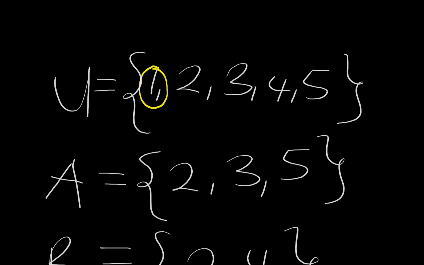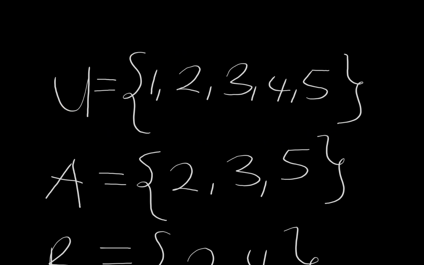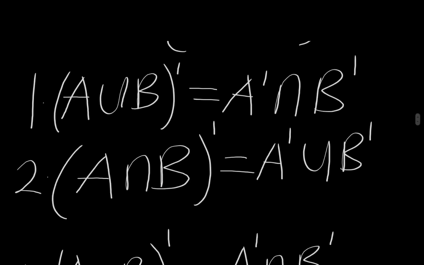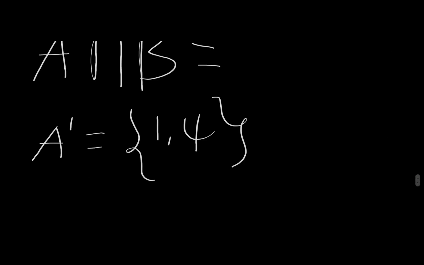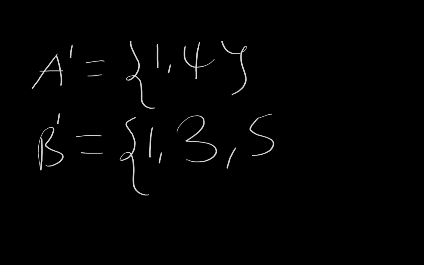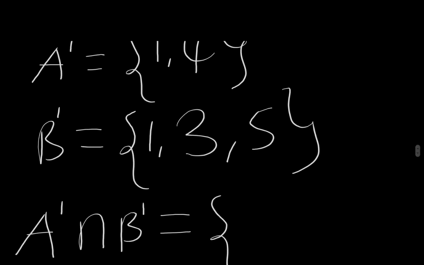Therefore, my B' will be equal to 1, 3, and 5. Hence, A' intersection B' will be equal to A' intersection B'.